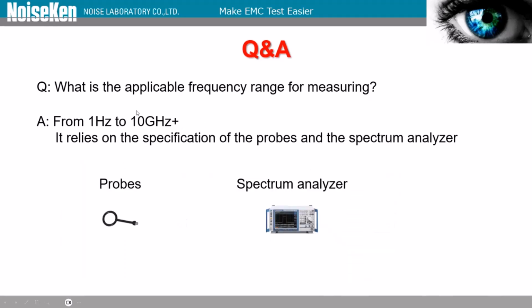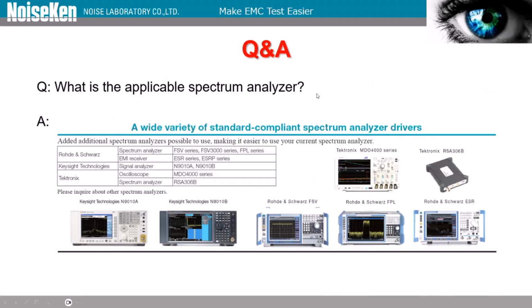Another question is, what is the applicable frequency range for measuring? Actually, this tool can support from 1 Hz to over 10 gigahertz, because it relies on the specification of the probes and the spectrum analyzer, according to your demand. The last one: what is the applicable spectrum analyzer?